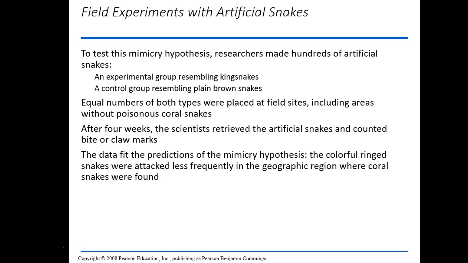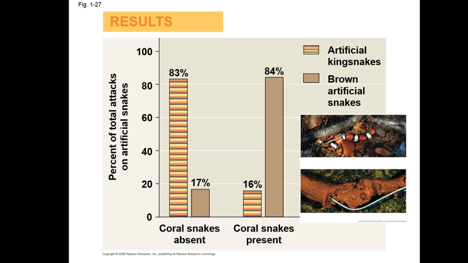so have pits and bites in the snakes themselves, and so you had this idea that those snakes that are mimicking the poisonous ones are doing it on purpose to create a foil so that they have a better chance of survival. And then they recorded their results: coral snakes absent, coral snakes present, and how many bites the artificial snakes had in them, and found that yes, in fact, it's true.